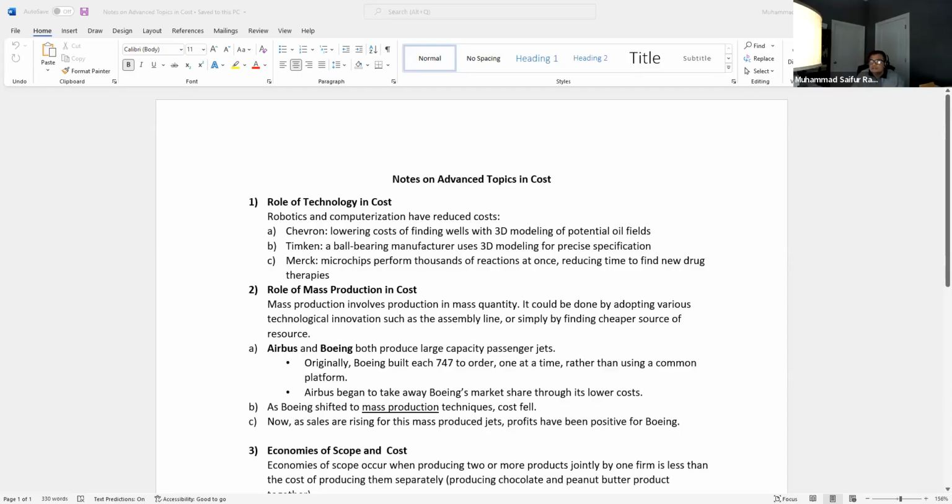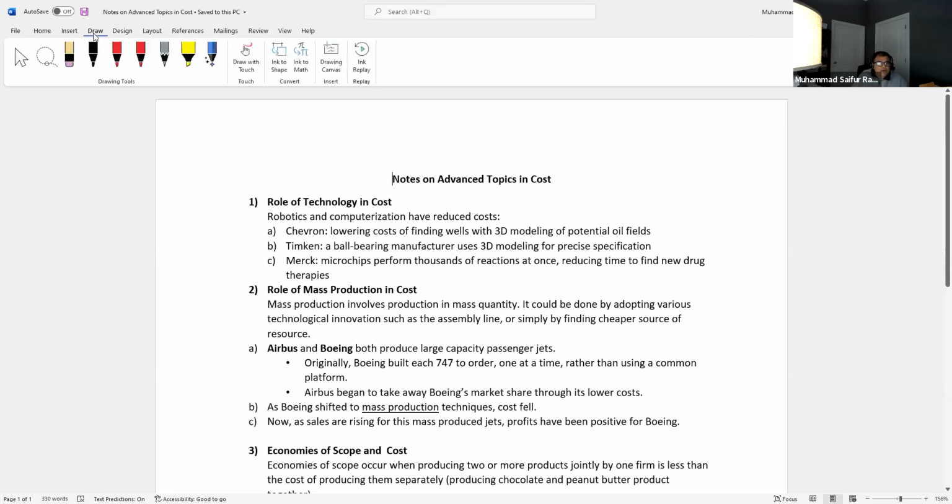So I will walk you through the handout that is already uploaded in module 3. Let me share with you the notes and I will walk you through the discussion that is included in this handout. Remember, the objective of this discussion is to figure out some of the ways in which cost minimization is achieved.